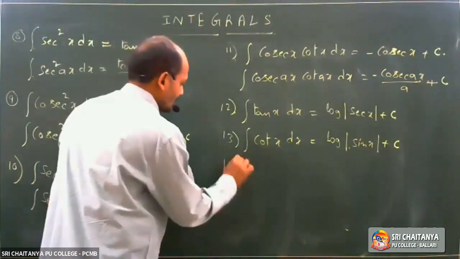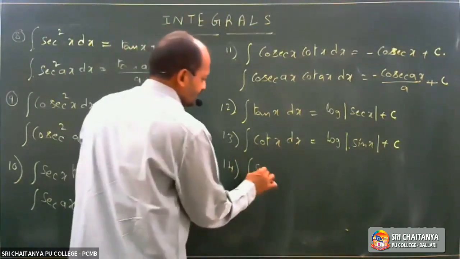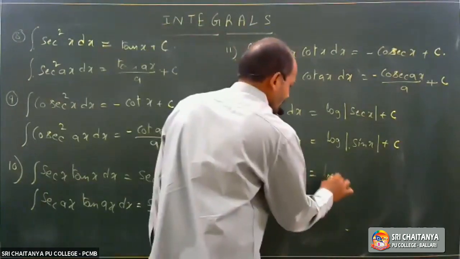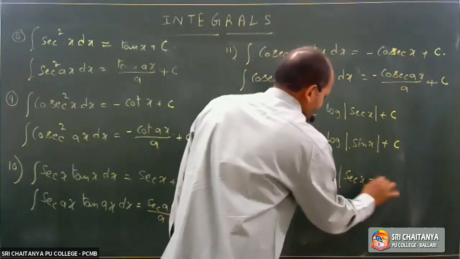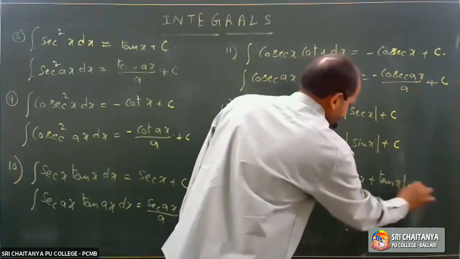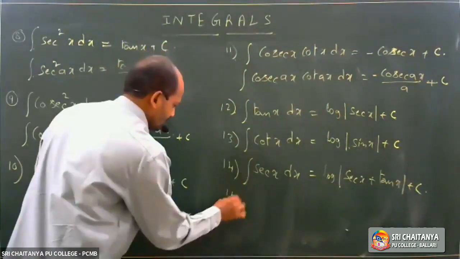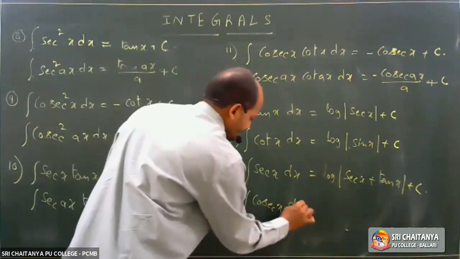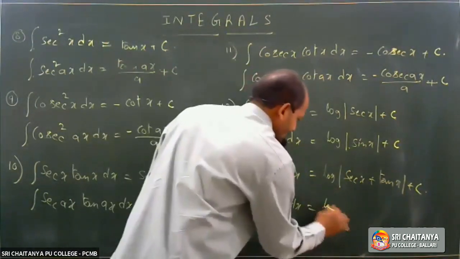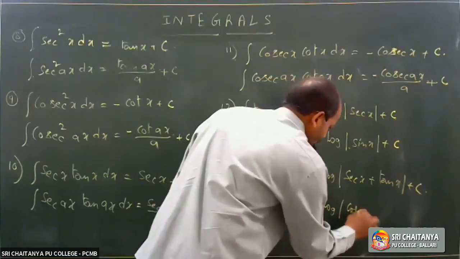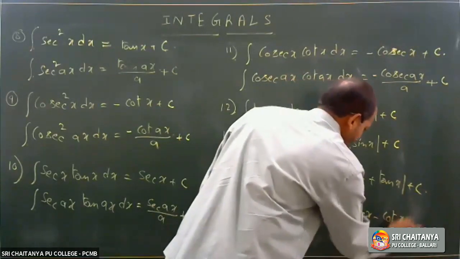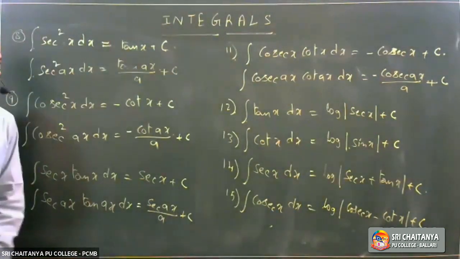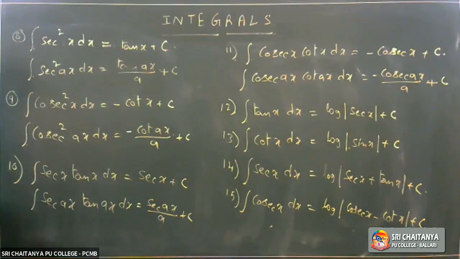Next, integral of secant x is log mod secant x plus tan x. 15: integral of cosecant x dx is log mod cosecant x minus cot x plus c. Write down.